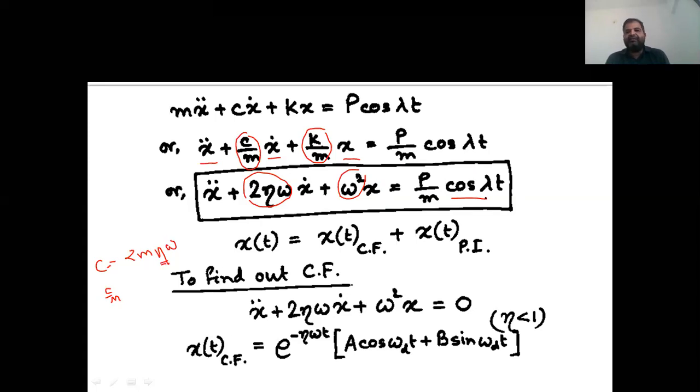What will be the form of the solution? The solution has two different parts: one is the complementary function, and the other is the particular integral. So if you want the solution in terms of x of t, you will have two parts: x of t of the complementary function, and x of t of the particular integral.